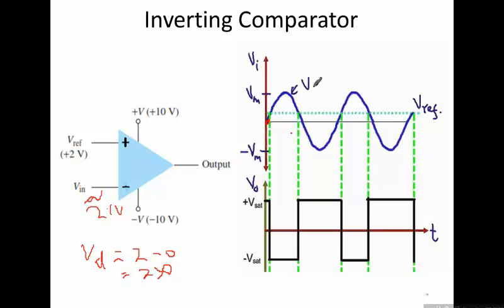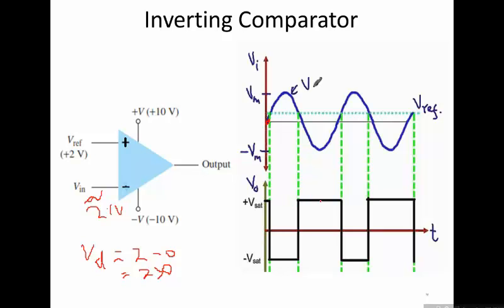Again, when the input is decreased and becomes lower than this level, then what happens? The potential of this terminal would be higher than this terminal, and the output would be at plus VCC.